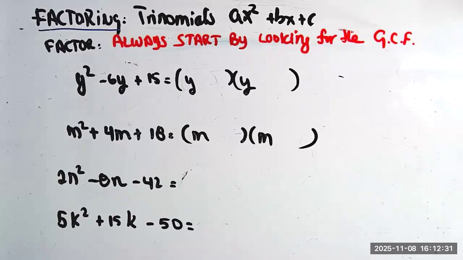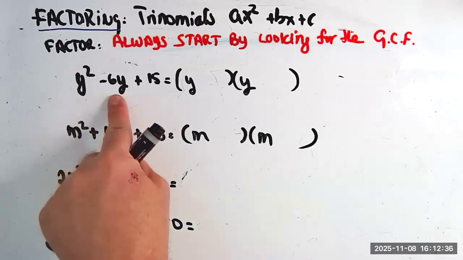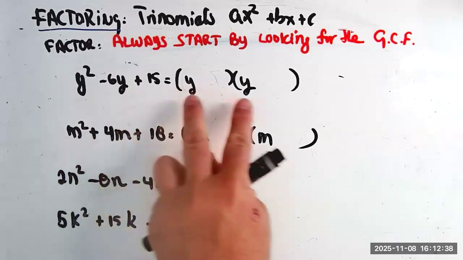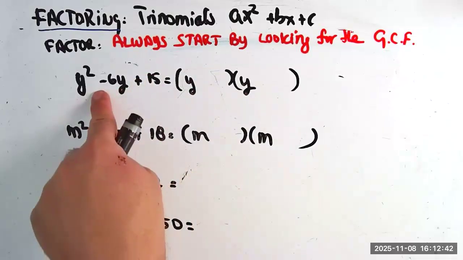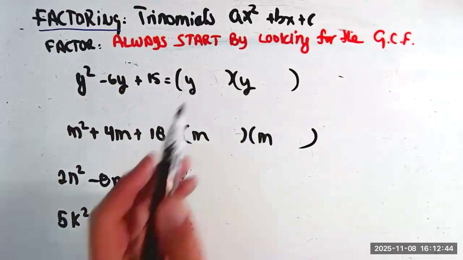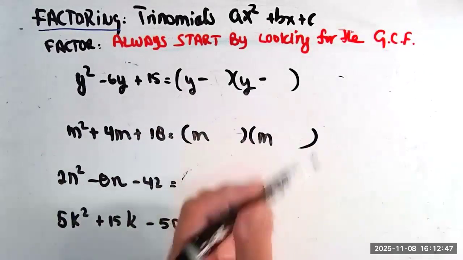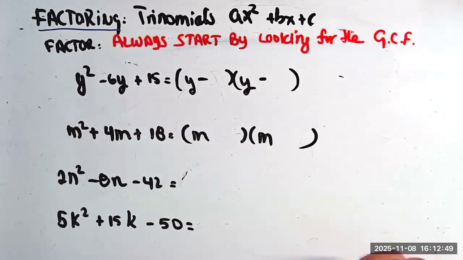Okay, let's wrap up this lesson with 4 more examples. Look at the first one, y squared minus 6y plus 15. Multiplication of 2 binomials. 15 is positive, b is negative, so I need my 2 signs to be the same. In this case, both negative. Factors of 15, it's either 15 times 1 or 5 times 3.